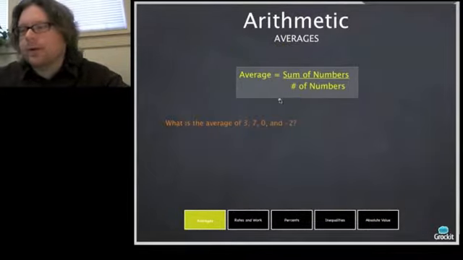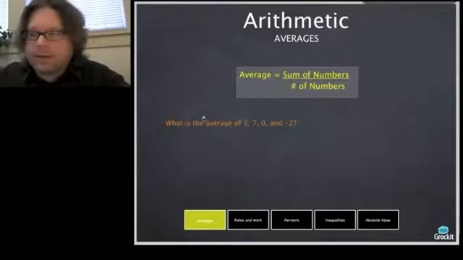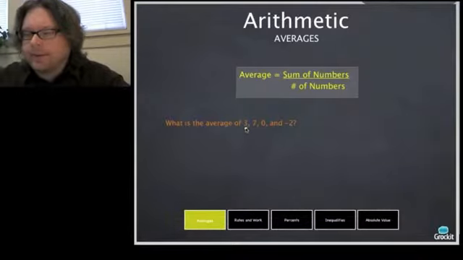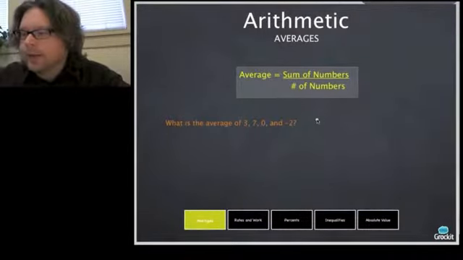So a good example of a question on the lower end, and would likely appear in a quantitative comparison rather than in a problem solving or numeric entry problem. What's the average of 3, 7, 0, and minus 2? So you add the numbers together, 3 plus 7 plus 0.